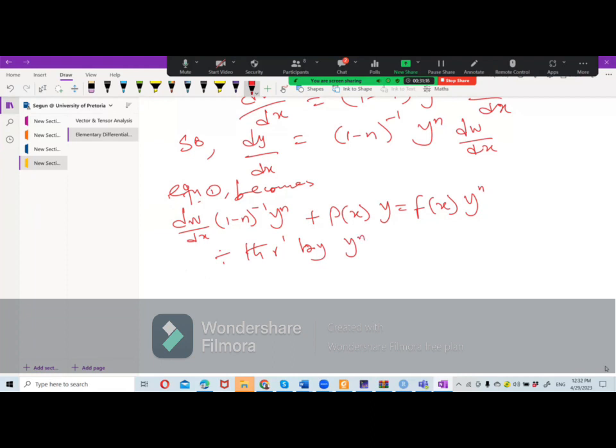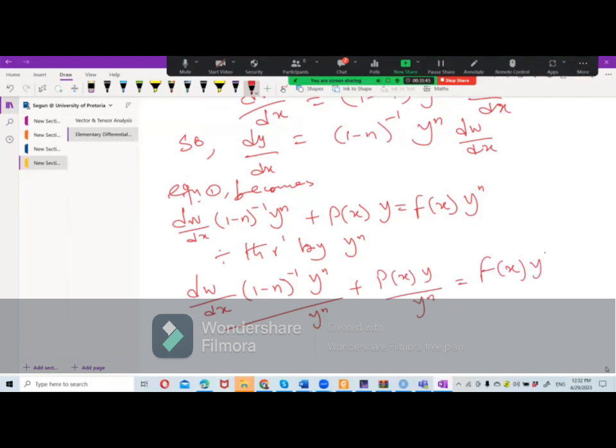If I divide both sides by y raised to power n, I'm left with dw/dx into 1 minus n, plus y raised to power n over y raised to power n, plus p of x, y over y raised to power n, equals f of x, y raised to power n over y raised to power n.